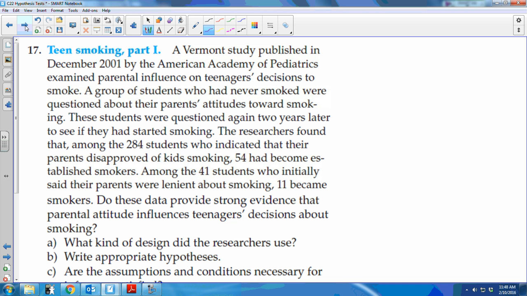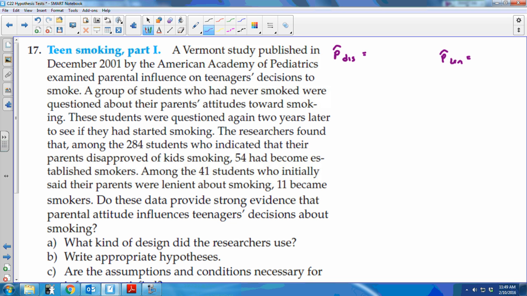All right, before we do anything, I need to figure out what the two p-hats are so I have them. I've got two groups, right? I've got a group of students who have parents that disapproved of smoking, and I have a group of students who have parents that are lenient about smoking, so I'm going to denote that with disapproving parents and lenient parents.